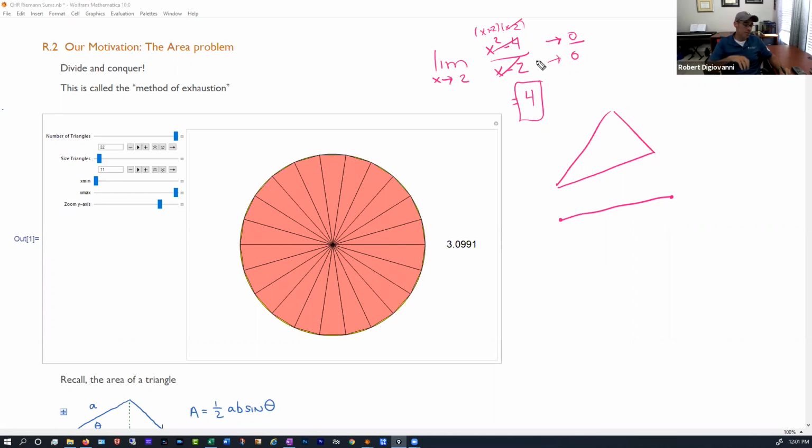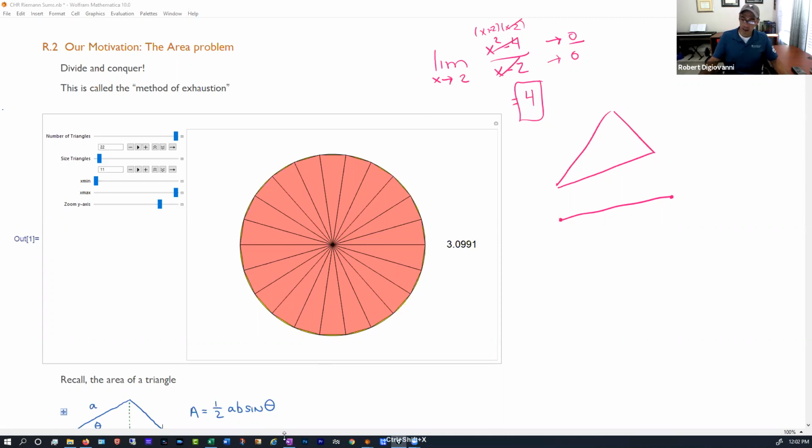Now, we will actually show it. I'll prove it to you. Maybe today, I doubt it. But I'll show you where the area formula for a circle comes from. We're going to generate it ourselves, and we're going to use antiderivatives.